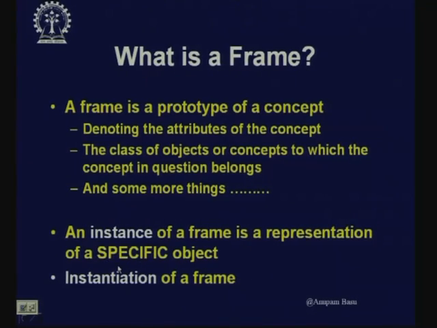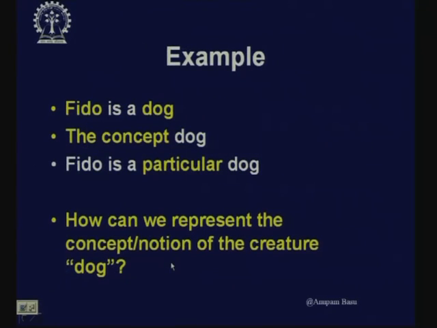Now, let us look at this. Say, let us take this example. Fido is a dog. Look at these white ones and the yellow ones. Fido is a particular dog and dog is a concept. So, we have got the concept dog and Fido is a particular dog, all right. Now, so Fido is an instance of the class dog.